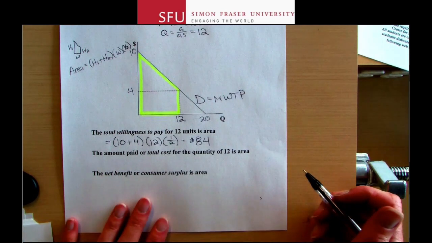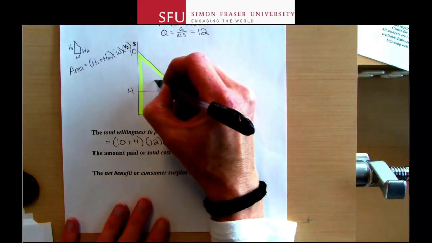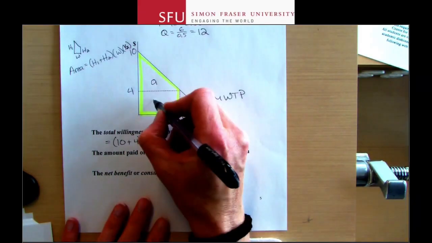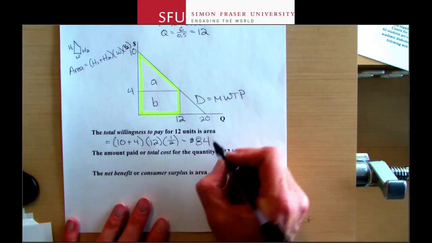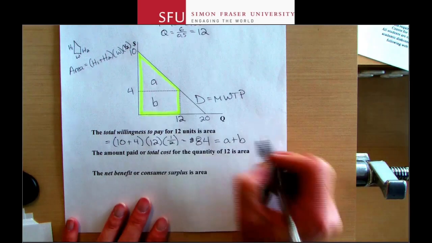So that's $84. Now, in the diagram, I'm going to label the triangle part as A and the rectangle part as B. And I'll just make a note over here that this would be A plus B together.